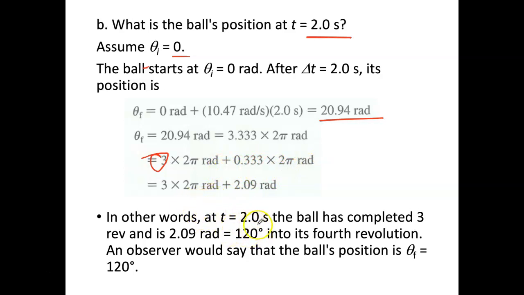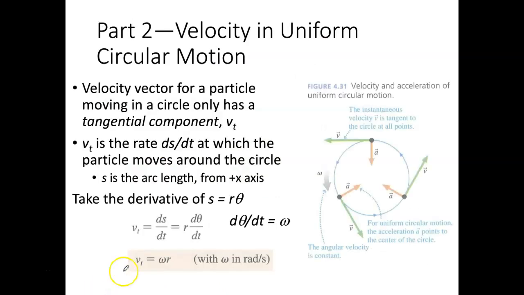In other words, at 2 seconds the ball has completed 3 revolutions and is 2.09 radians or 120 degrees into its 4th revolution. So the observer would just say that the ball's final angle is 120 degrees, which you could also do in radians.